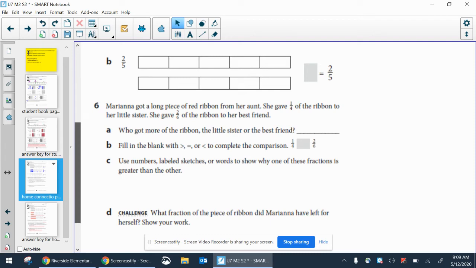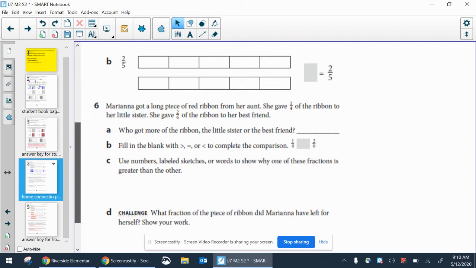And sometimes mathematicians like to use one strategy, but then also explore and try another strategy to see if they can get the same answer. That kind of validates that they're on the right track with their answer when you're able to use more than one strategy and get the same answer.